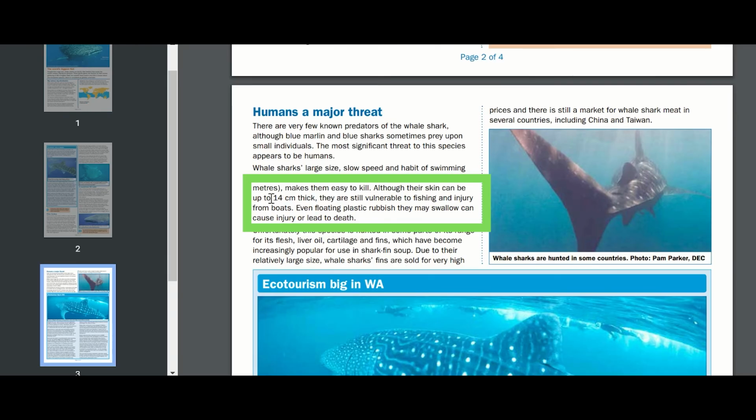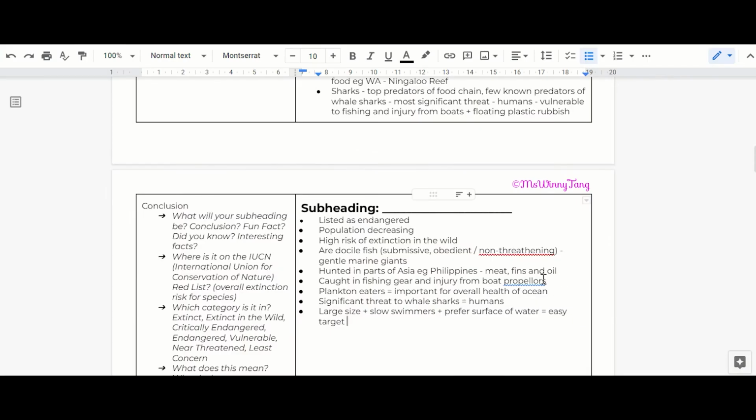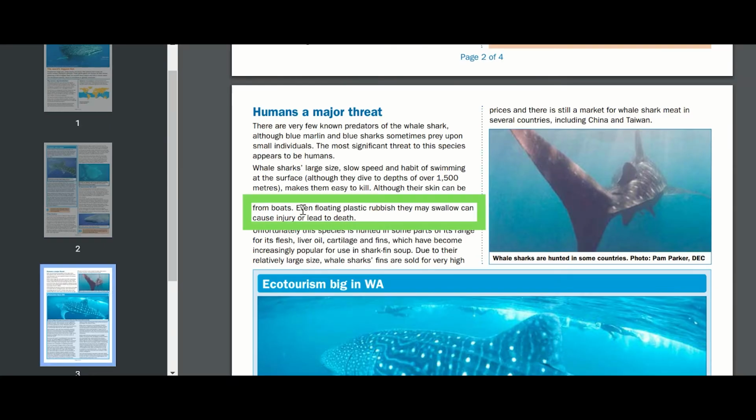Although their skin can be up to 14 centimeters thick, they are still vulnerable to fishing and injury from boats. Great, so we've already got vulnerable from fishing, injury from boats. Let's find that part. So, and then we'll add to it. Even floating plastic rubbish they may swallow.